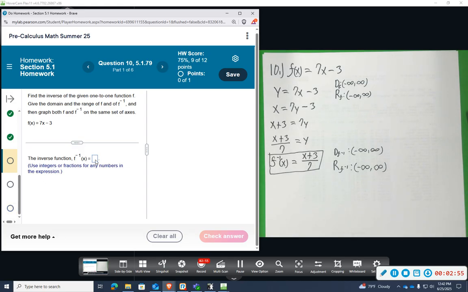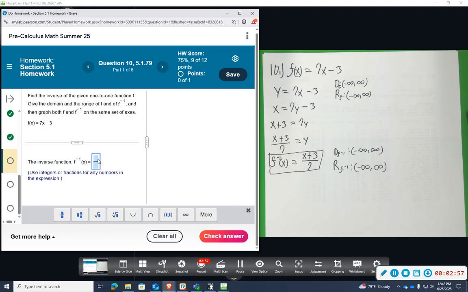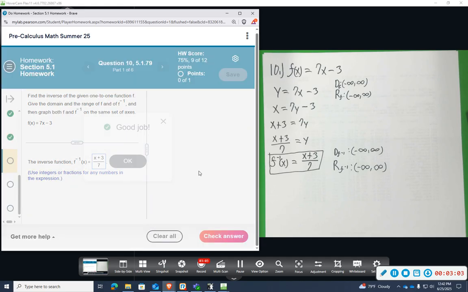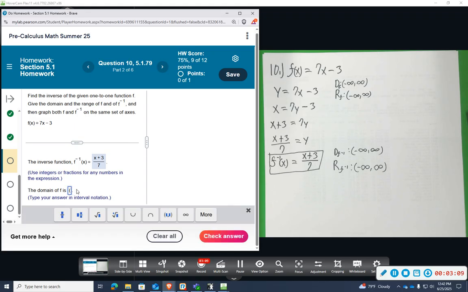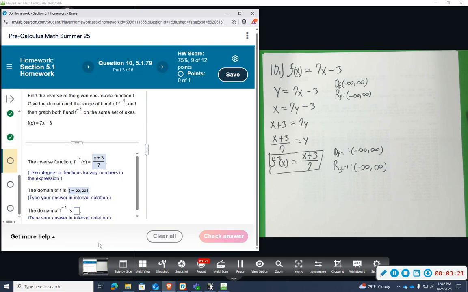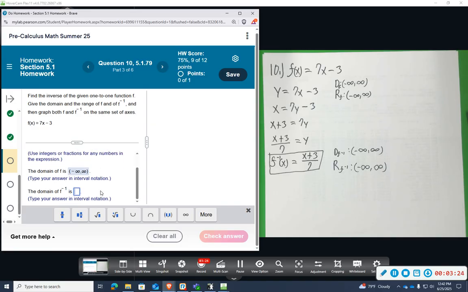So the inverse, x plus 3 over 7. The domain of f is negative to positive infinity, and then the domain of f inverse is going to be the same, negative to positive infinity.